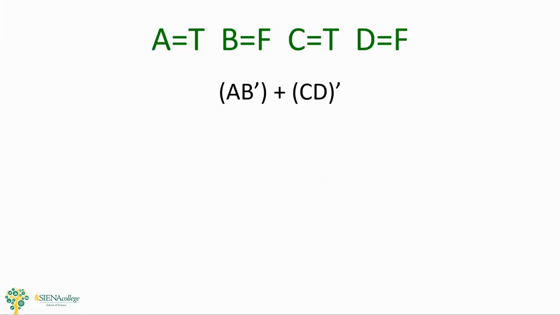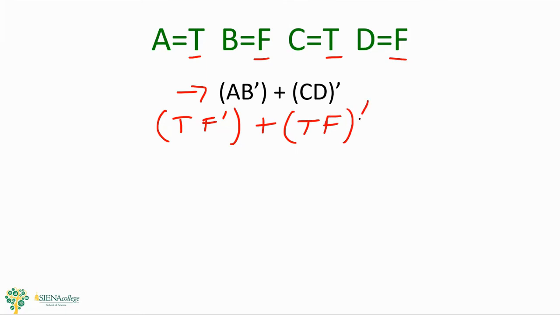Given a Boolean expression, we can plug values in and see how they evaluate. So let's assume that for this Boolean expression, we want to evaluate it when A is true, B is false, C is true, and D is false. So the first thing we're going to do is replace the A, B, C, and D's with trues and falses. So A is true, B is false, but negated, or C is true, D is false as our AND, and that's negated.